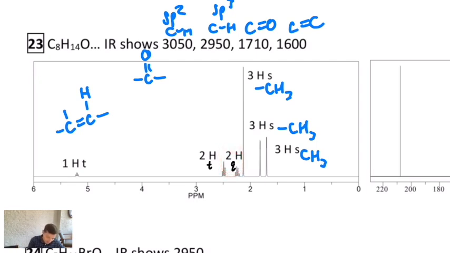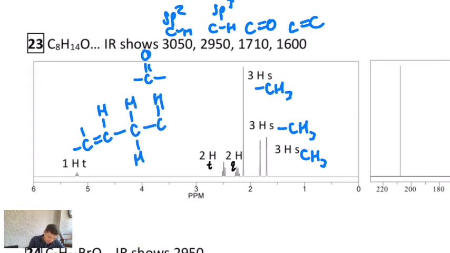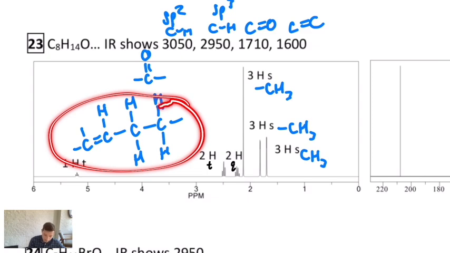But there are 3 other hydrogens that could account for this quartet, and I could put this quartet in between those 2. So I think we have a CH2 and then another CH2 connected to this alkene. So all 3 of those signals correspond to this really big piece in the middle here. That takes care of all the hydrogens.